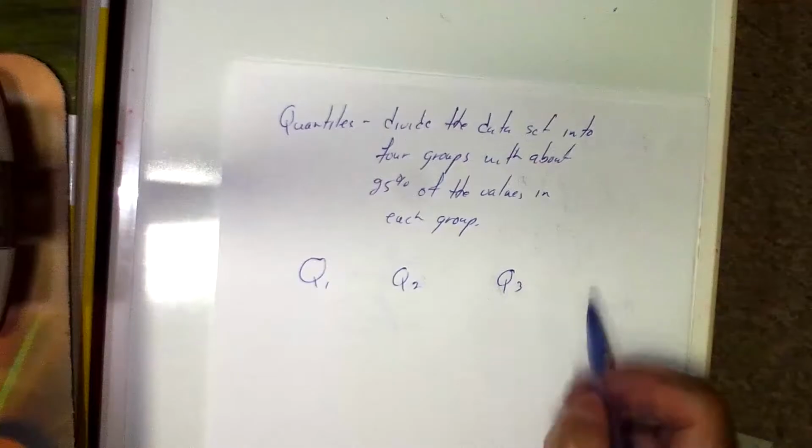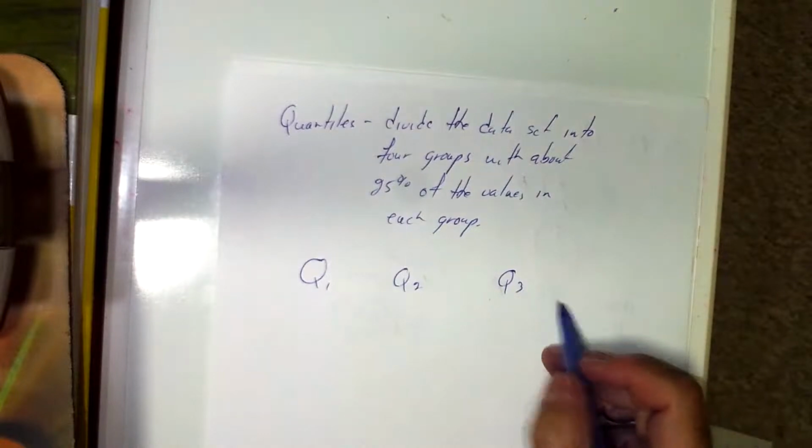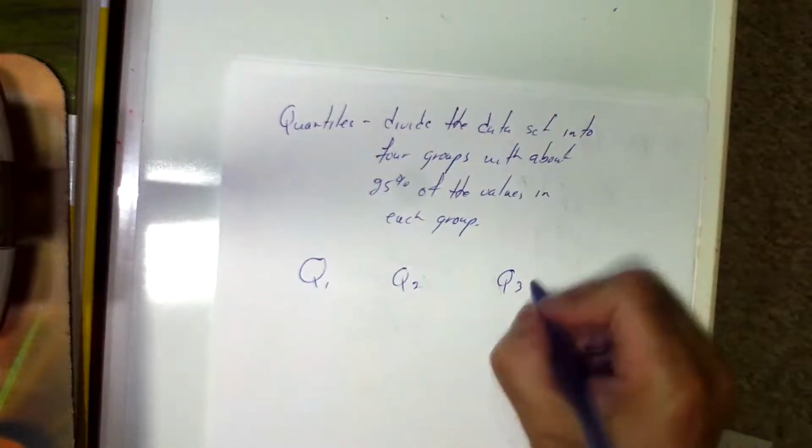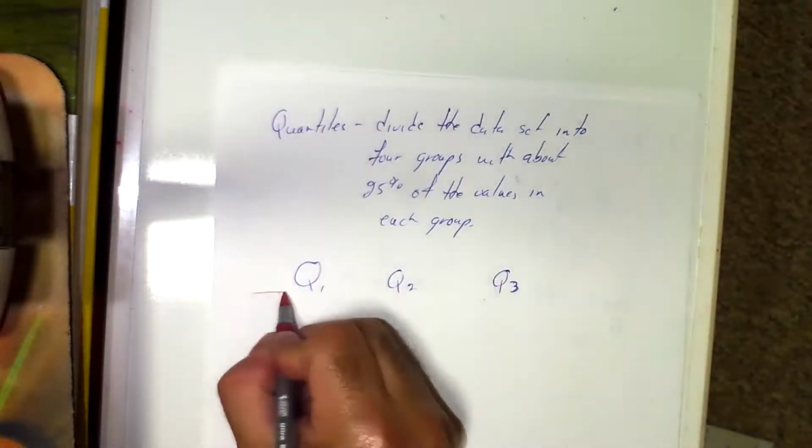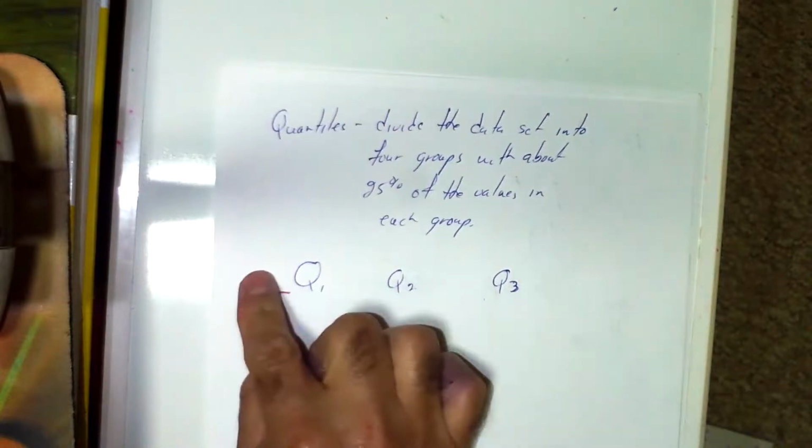You're like, wait a minute. That doesn't make sense. Shouldn't there be a Q4? No, there is no Q4. That is correct, because you have a group before Q1, that's the first group.